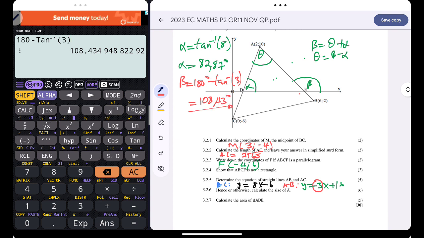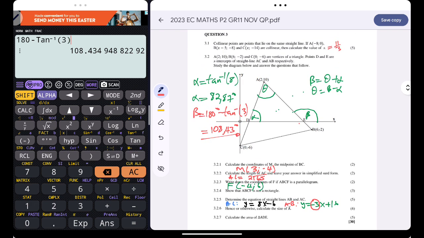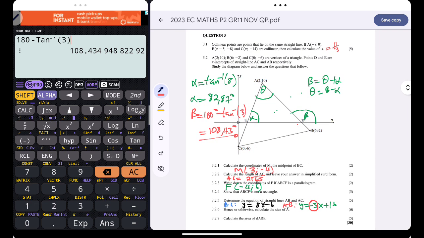Right, together. And then for me to find angle A there, I just need to subtract the two inclinations. So theta will be just 108.43 minus 82.87 degrees.